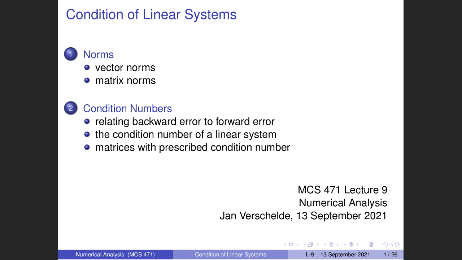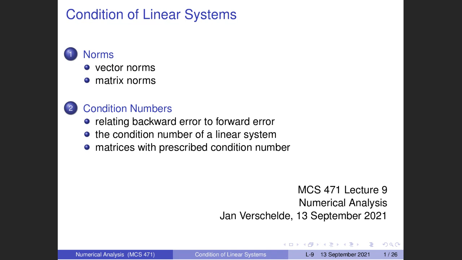But there's a more general notion of difficulty, and that notion of difficulty is quantified in the condition number. So we will derive the notion of a condition number and also see how we can actually compute it and construct linear systems, or construct coefficient matrices, that have any condition number that we want.